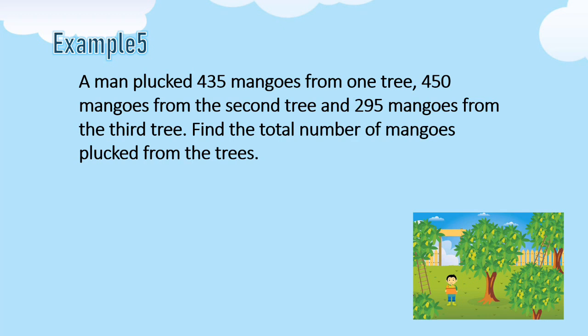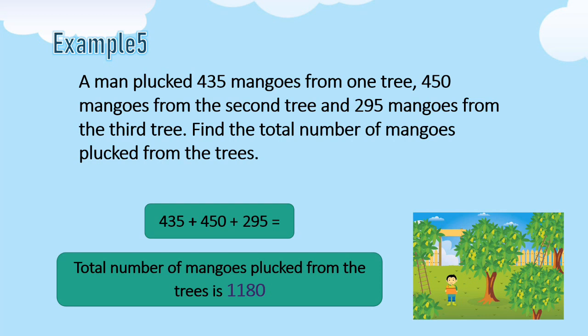Find out the total. So you have to add 435 plus 450 plus 295. The total number of mangoes plucked from the trees is 1180.